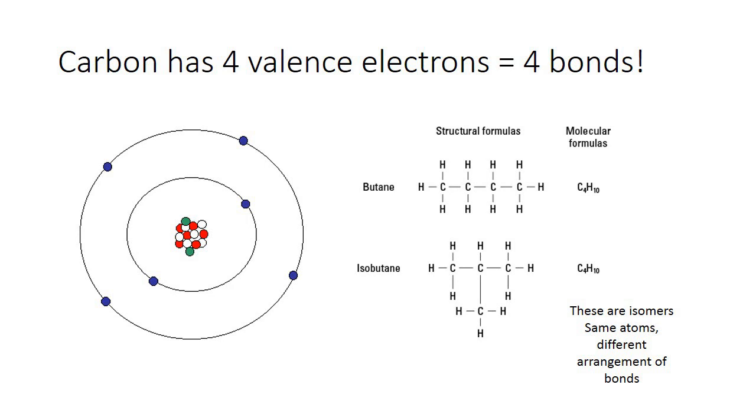Isobutane is a branched chain of regular butane. Okay? And if you notice and you look at these pictures, every single carbon has 4 lines coming off, and each of those lines represents a bond. Okay? Carbon always makes 4 bonds. And it does this because carbon has 4 valence electrons.